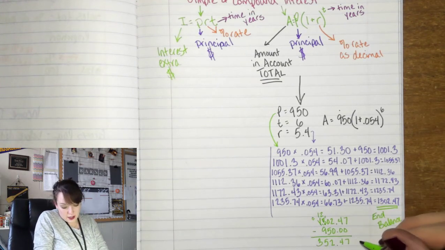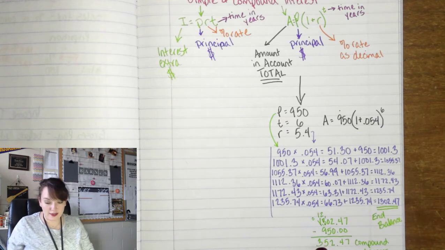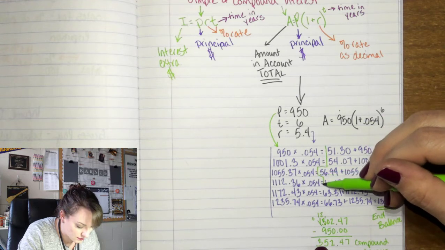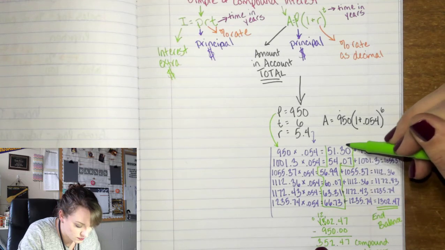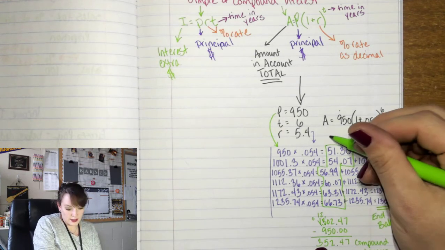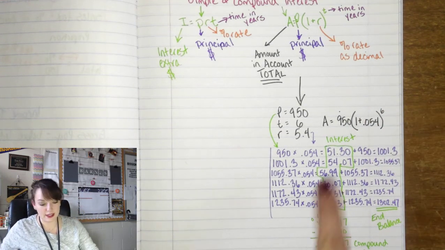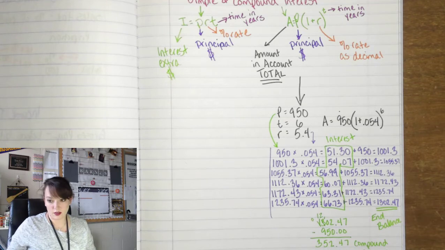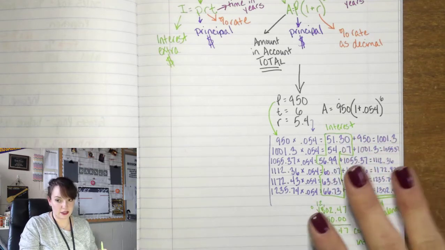This is my compound interest. I can also get this number by looking at this column in my very messy table. This is interest. This is the money earned over those 6 years at the bank. There you go. Okay.